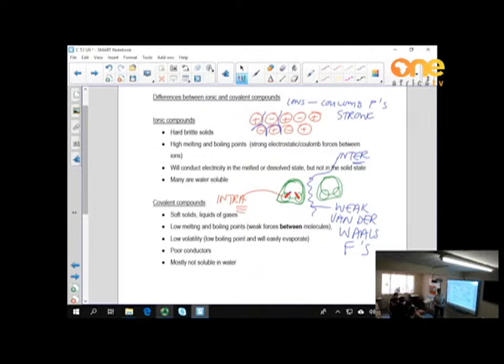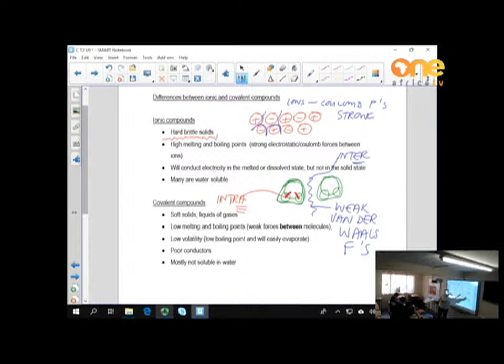People, ionic compounds, we've done this in previous years. What are the properties of ionic compounds? They are all solids and they are all hard and brittle. So if you hit them with a hammer, they will shatter. Why are they hard and brittle? We have strong forces between the particles.